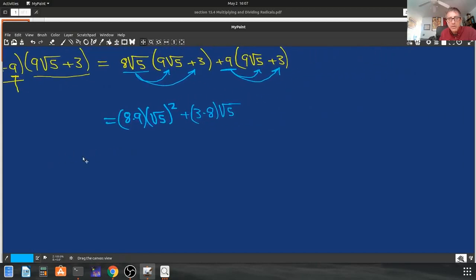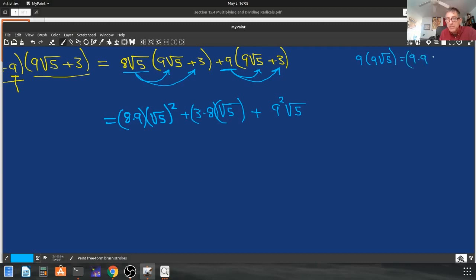Get some more room over here. And if you want to put the square root of 5 in parentheses, you can. And here, 9 times the square root of 5 is 9 times 9, which is 9 squared, times the square root of 5. I'm using the associative property.